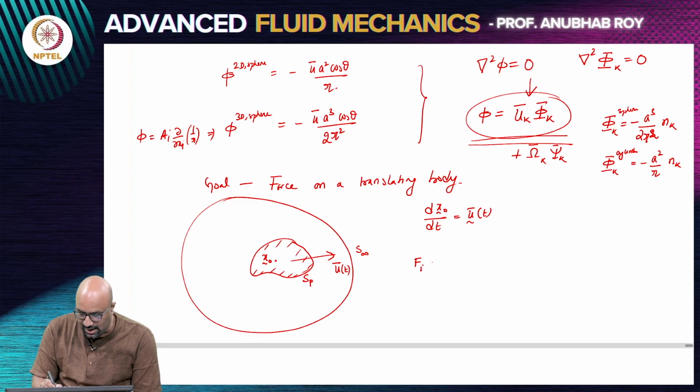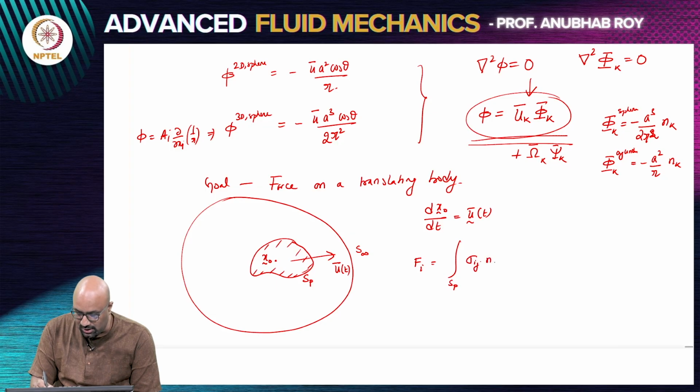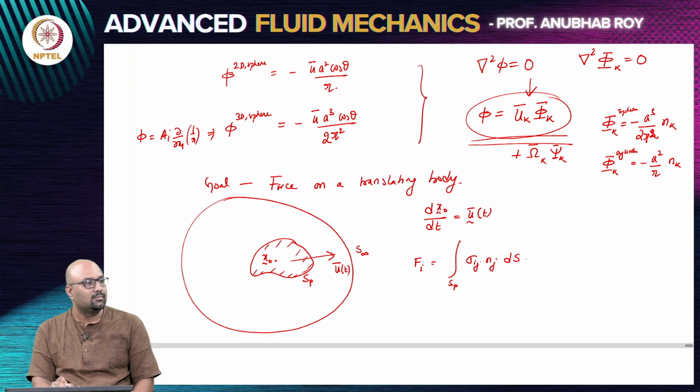So, the force acting on the body, the definition of force, and this is a universal definition, it has nothing to do with potential flow per se, is F_i equals the integral of sigma_ij n_j dS. You integrate the traction vector or the surface force over the body surface. That is all that we have to do.